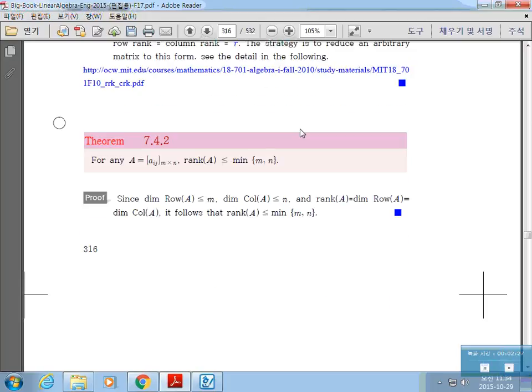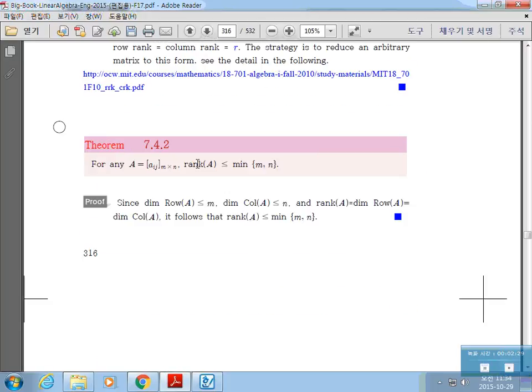Next, the rank of A is less than or equal to the number of rows and the number of columns. So it's less than or equal to the minimum of m and n, isn't it?